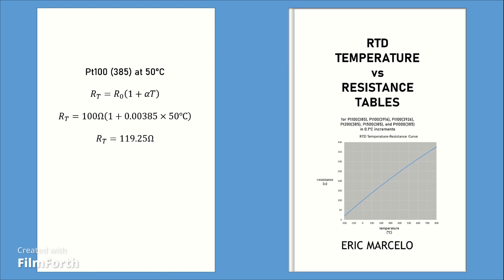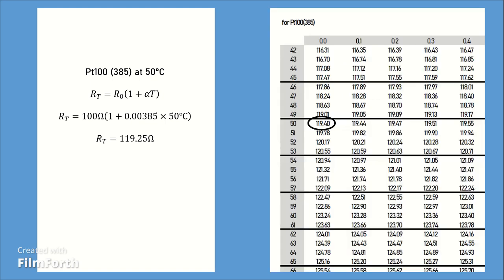Let's check if that is correct by using an RTD temperature versus resistance table. According to the table, at 50 degrees Celsius, a PT100-385 will have a resistance of 119.4 ohms. But the equation says the resistance should be 119.25.